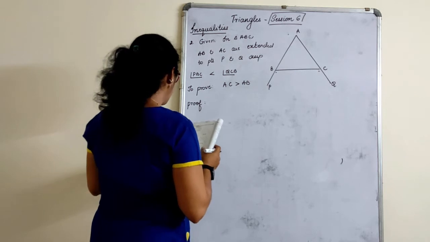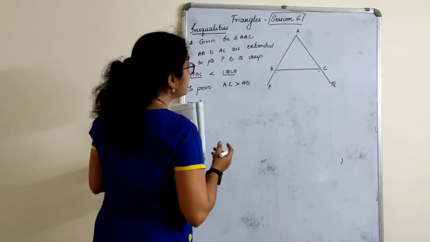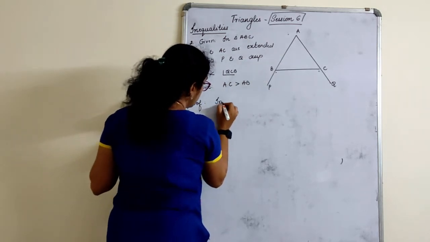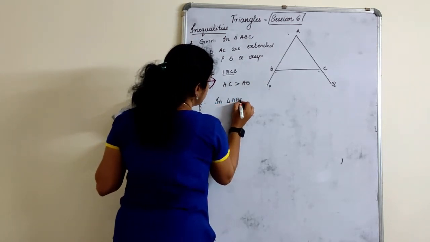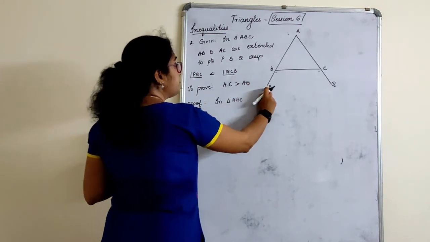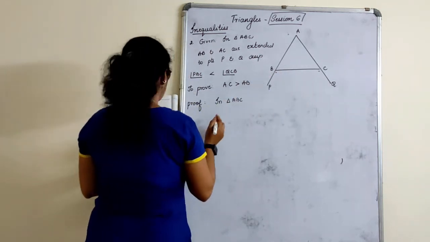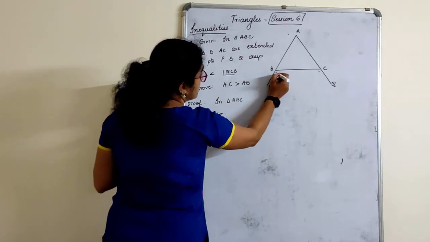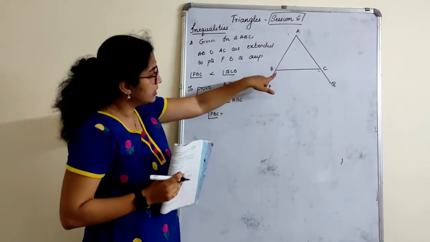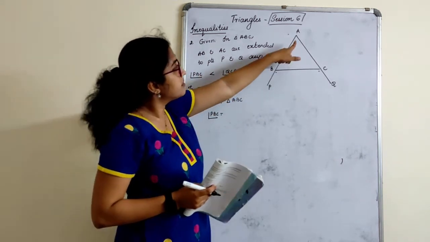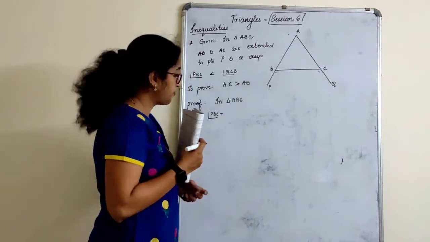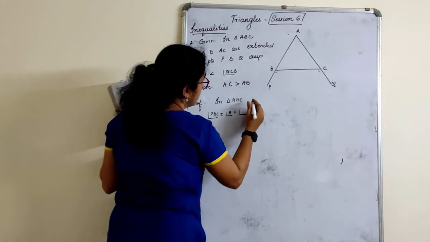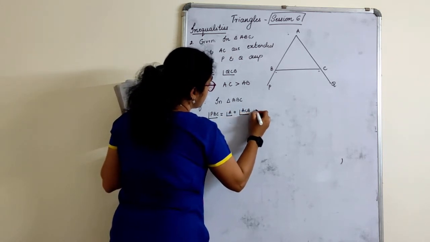So in proof, what I will do here is, let us take this triangle. In triangle ABC, can I tell angle PBC is equal to, suppose just imagine this is an exterior angle, this is equal to sum of this and this. Okay, PBC is equal to angle A plus angle ACB.